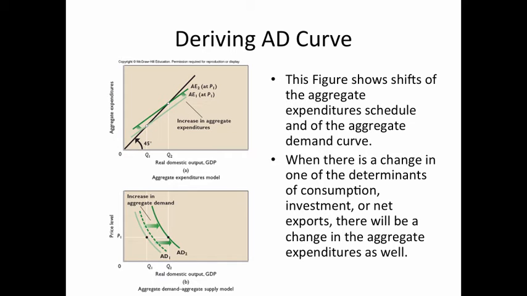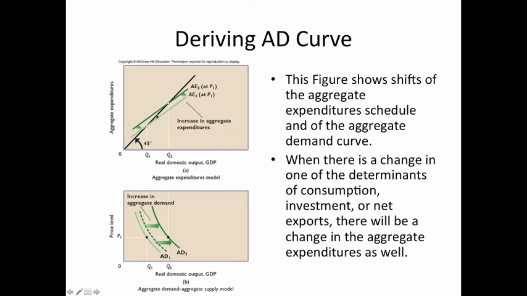So if we look at the AE model, again, here's our original level of GDP, where the aggregate expenditures line is crossing this 45-degree line. So right now, here we are, real GDP at Q1. So at price level P1, reading off our initial aggregate demand curve, real GDP is Q1. Now we have this increase in spending.